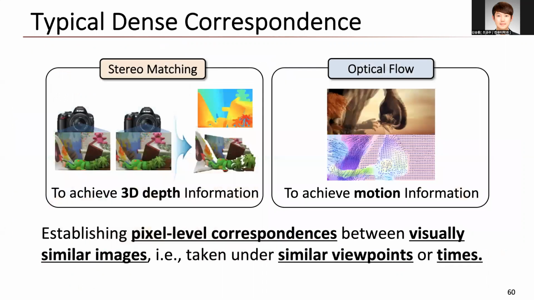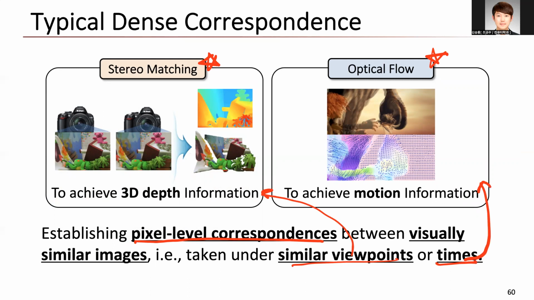Why do we have to know dense correspondence? There are several kinds of applications that require dense correspondence. Stereo matching and optical flow are some of them. Stereo matching or optical flow aims to establish pixel-level correspondences between visually similar images taken under a similar viewpoint, stereo matching, or at a similar time, optical flow.